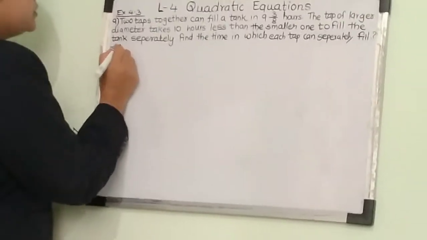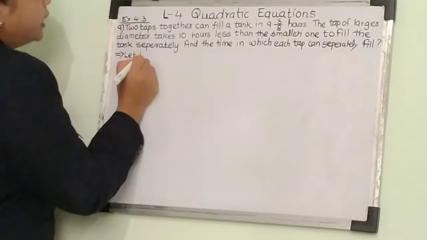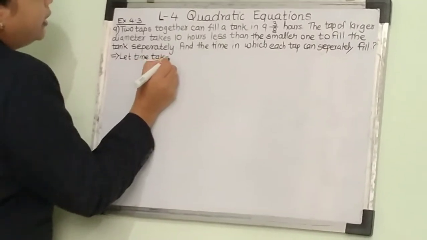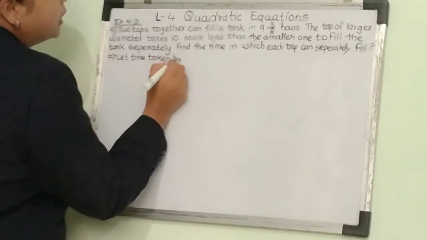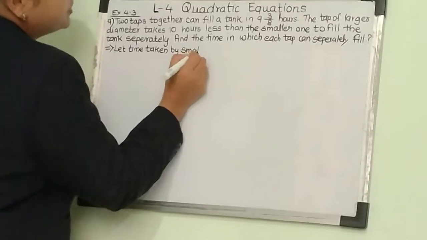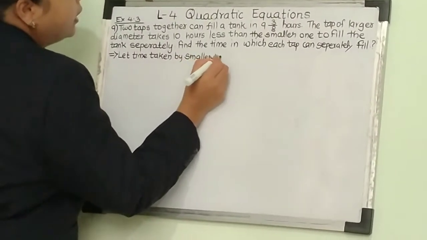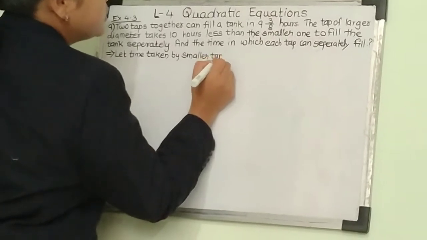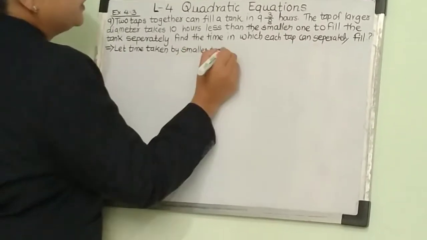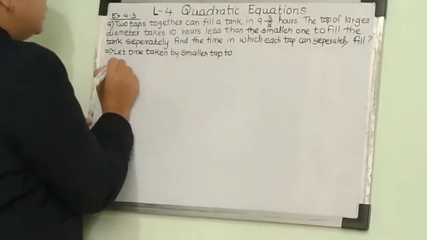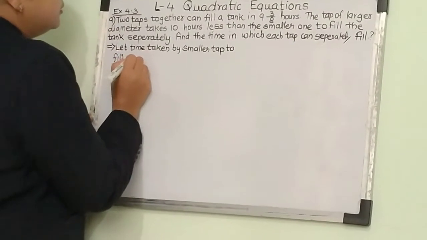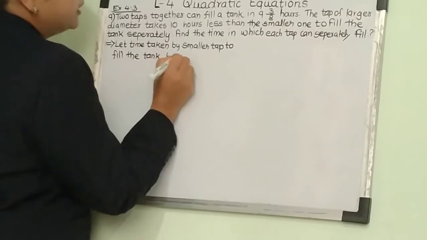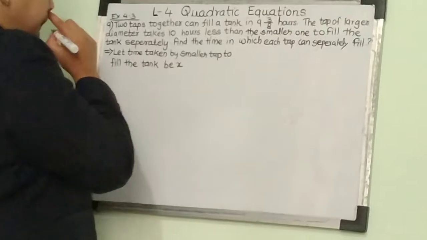So first we are going to take the time taken by smaller tap to fill the tank be x.